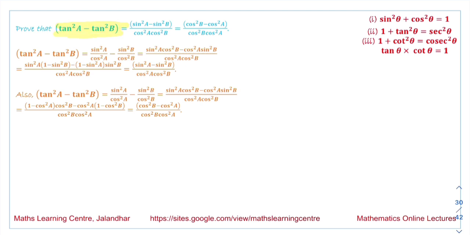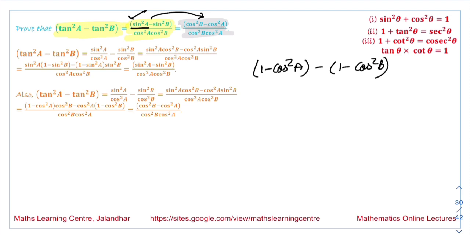It is tan square A minus tan square B, that is equal to sin square A minus sin square B over cos square A into cos square B, and this is equal to cos square B minus cos square A over cos square B into cos square A. So if we talk about these two terms, I am talking about this numerator part: it is 1 minus cos square A minus 1 minus cos square B. Denominators are the same.